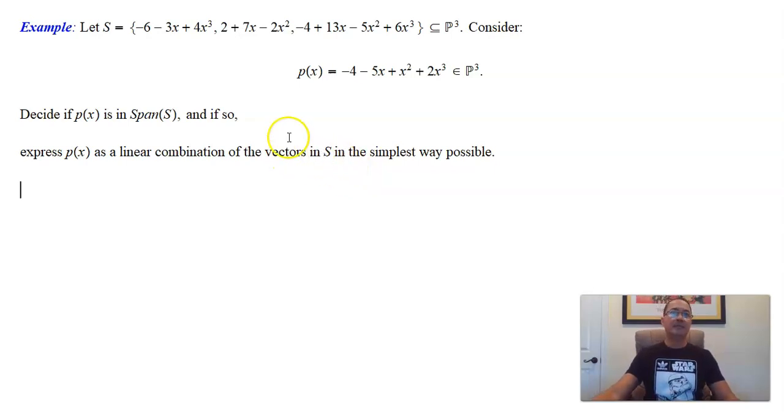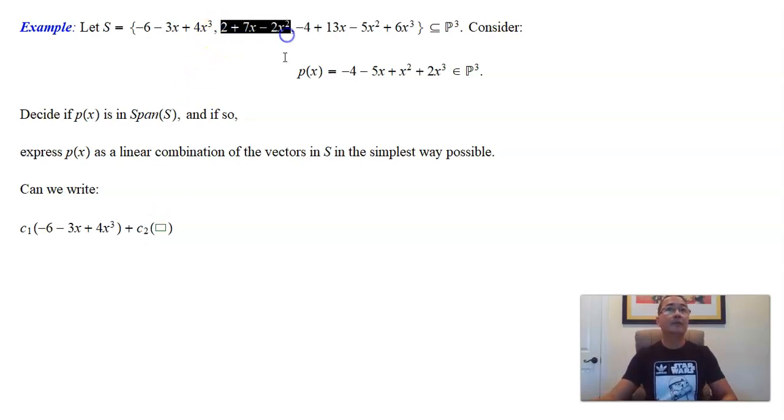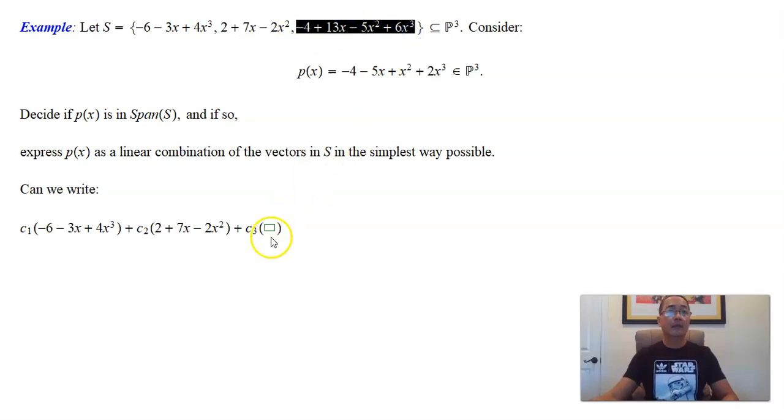So the question now becomes, can we write P of x as a linear combination of these polynomials? 1, 2, 3 polynomials. So the question is, can we write C1, first coefficient, times first polynomial, plus C2 times the second polynomial over here, plus C3 times the third polynomial equals P of x.